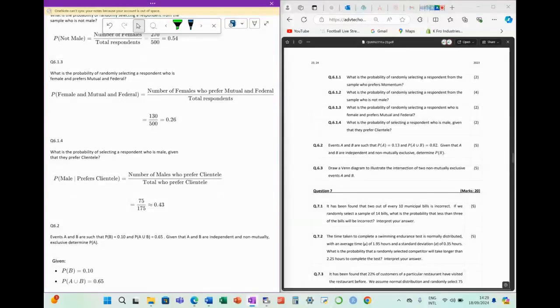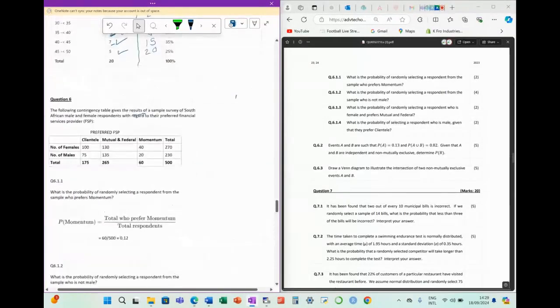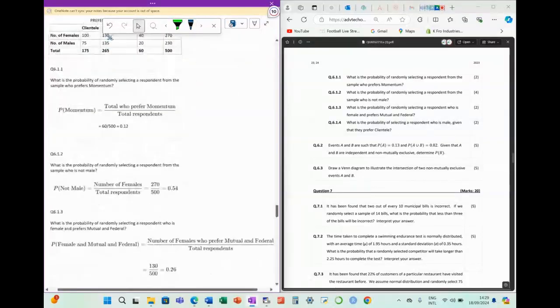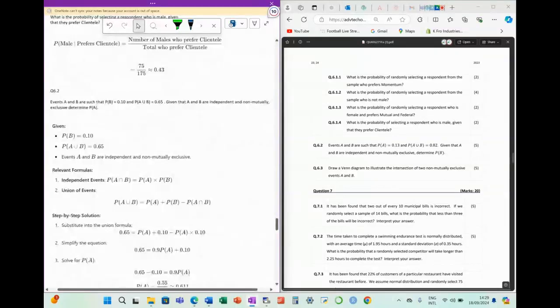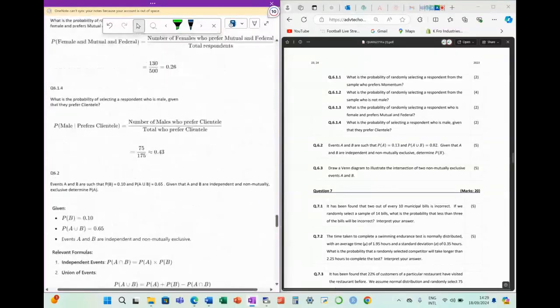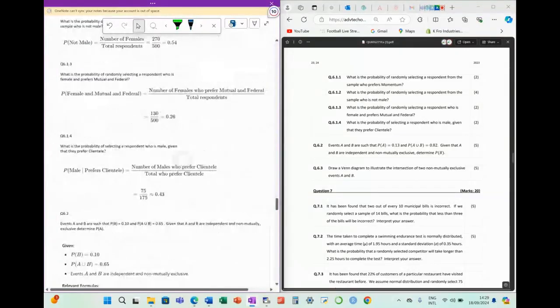You can multiply if you want to, but because we have this contingency table where we know how many female and how many prefer that, we can just go there and get that 130 and say divided by your total number of respondents. But if it was separated, and I'm struggling to give an example, then you may need to multiply. But whenever we see and, it is a multiplication probability. Okay, so that's how we then get that probability there.